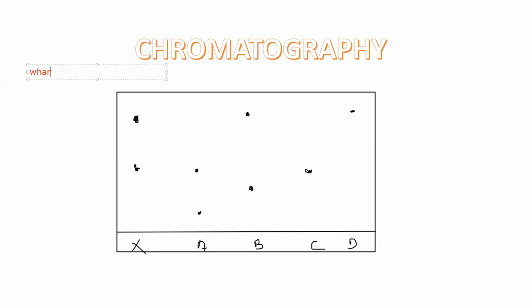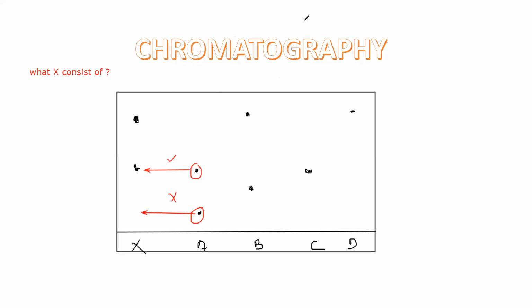What does X consist of? When we check, we will check different regions. When we check for A, is A present? One of the spots is there from A, but the other spot is missing. So is A present in X? Yes or no? So A is not there. So X does not contain A.